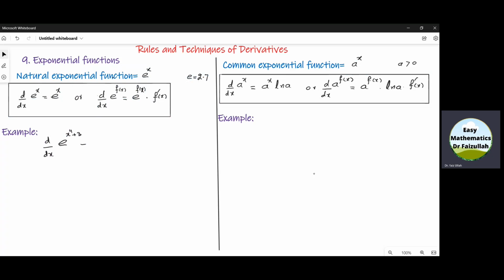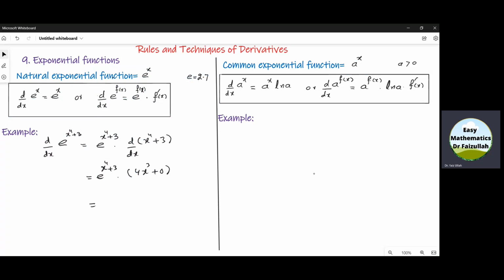By using the above formula, we shall write e power x^4 plus 3 as it is, and then let us find the inner differentiation of x^4 plus 3. So from this we have e power x^4 plus 3 into 4x cube plus 0.